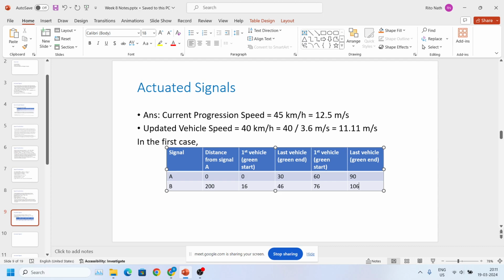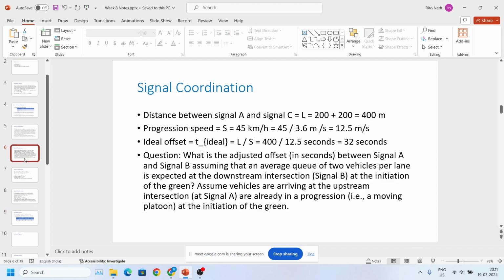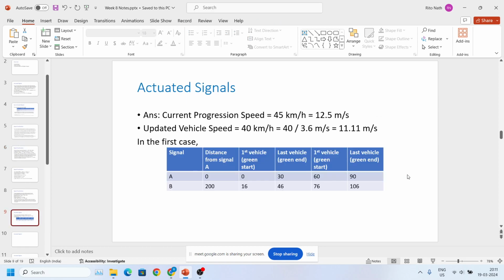Okay, so the ideal offset, I think it's something we calculated, right? What was that? 32 seconds.